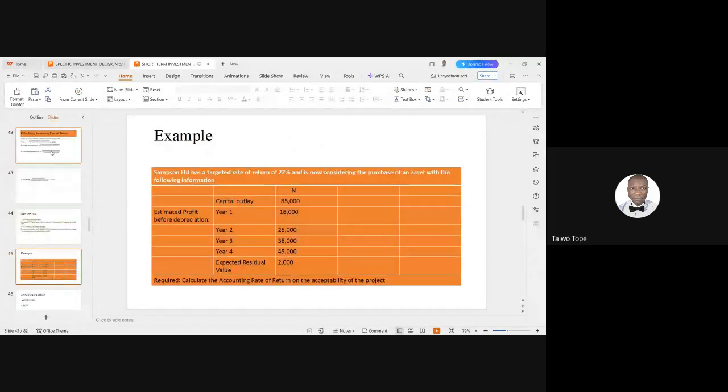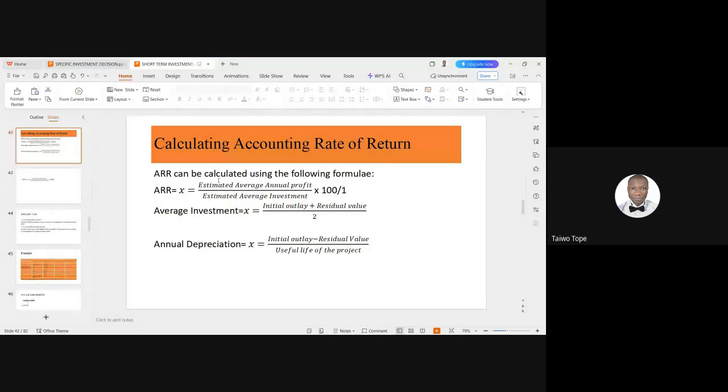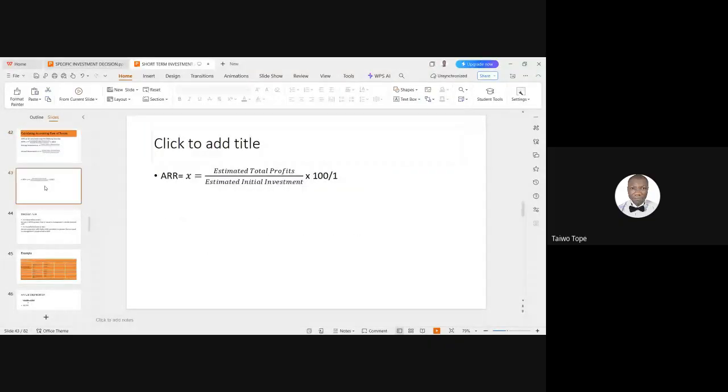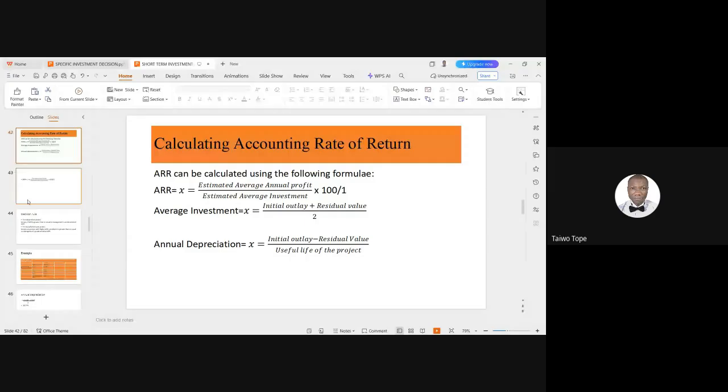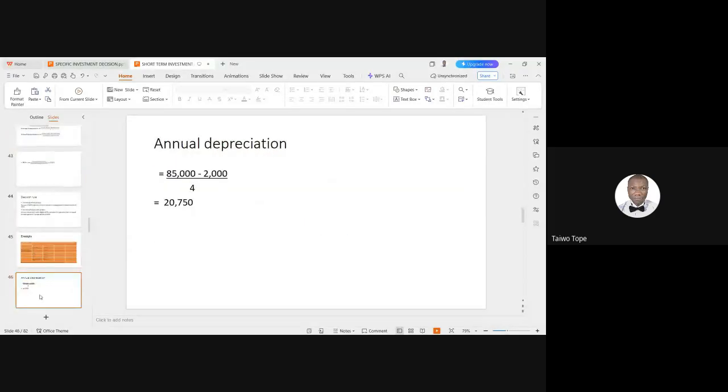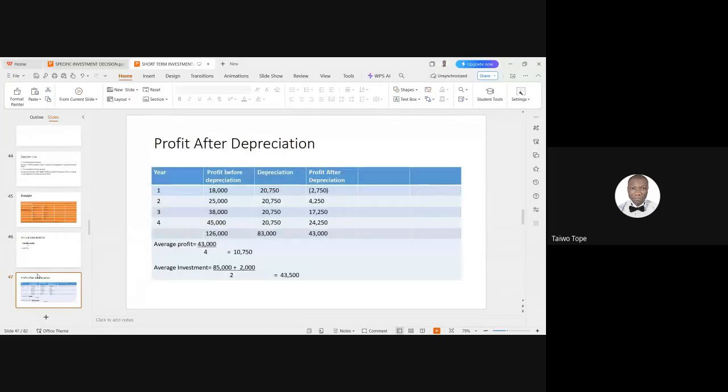So what will now be your accounting rate of return from the formula we've shown above? You've been able to determine your average annual profit and your average investment.